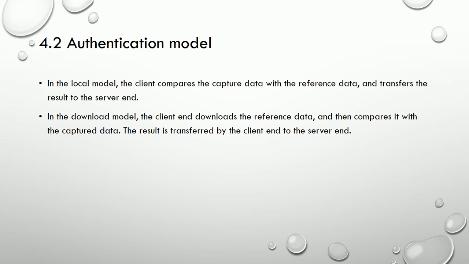As we can see, in the local model, the client compares the captured data with the reference data, and transfers the results to the server end. In the download model, the client end downloads the reference data and then compares it with the captured data. The result is transferred by the client end to the server end.